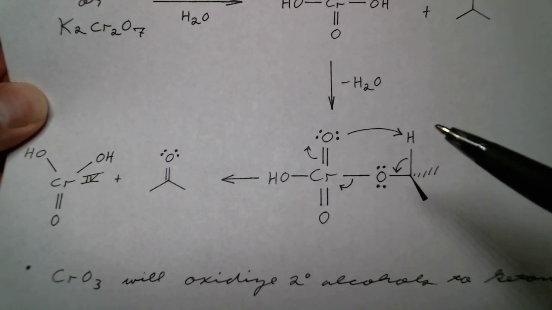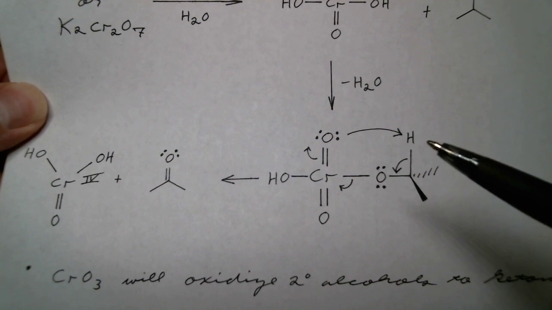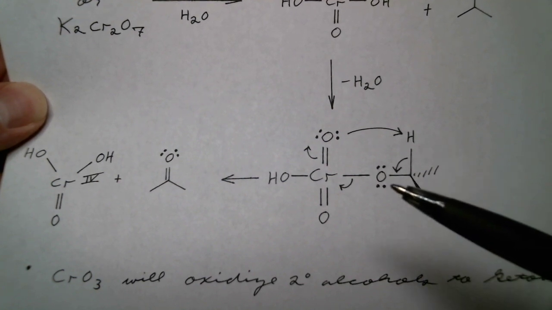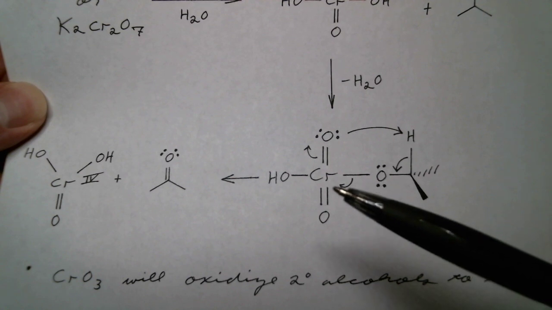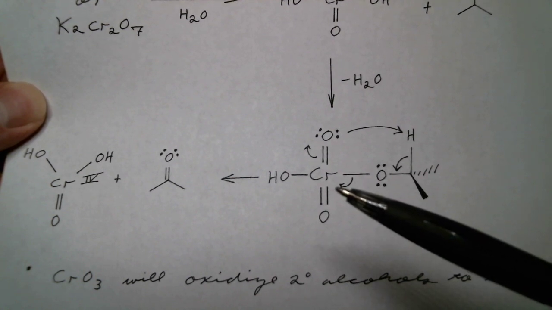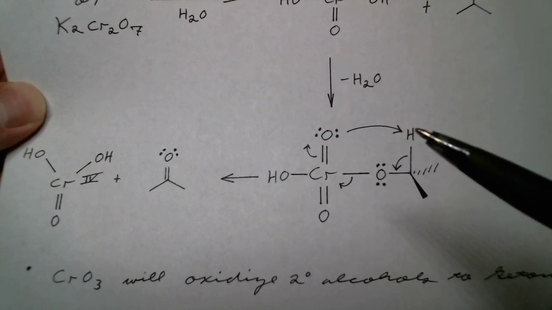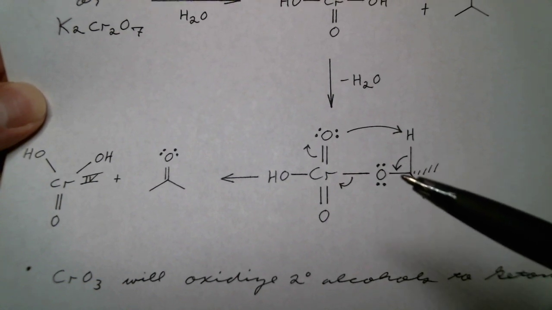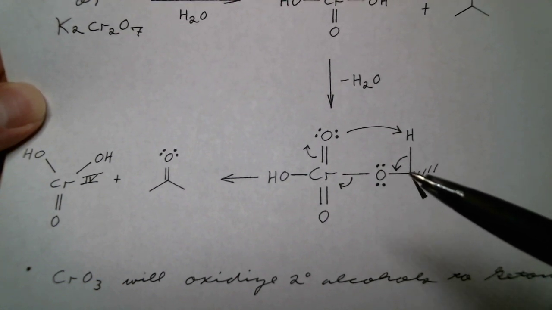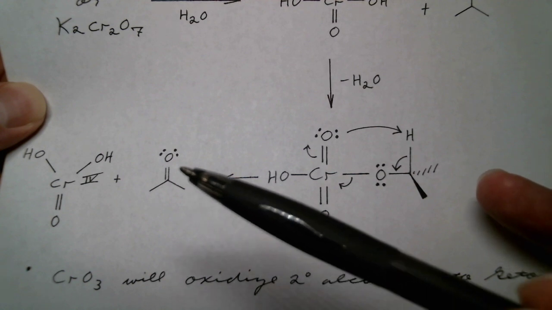So what are we doing here? Well, it looks like we're giving electrons back to chromium, and we're plucking this hydrogen off of our carbon, and we're forming a carbon-oxygen bond. So here we go.